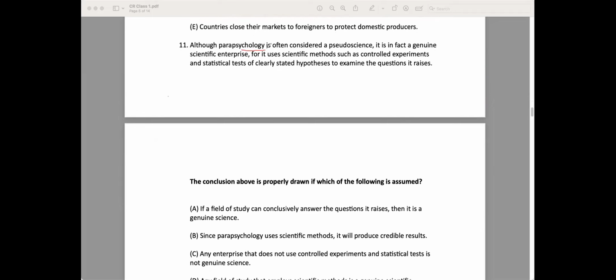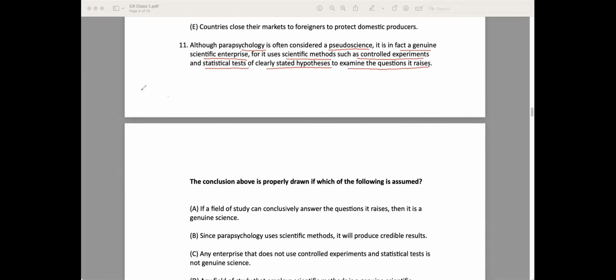Although parapsychology is often considered pseudoscience, it is in fact a genuine scientific enterprise because it uses scientific methods such as controlled experiments and statistical tests of clearly stated hypotheses to examine the questions it raises.